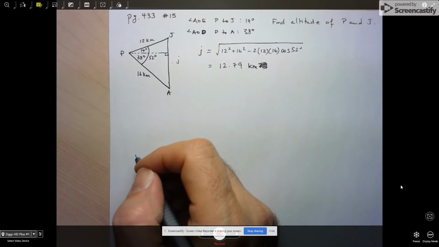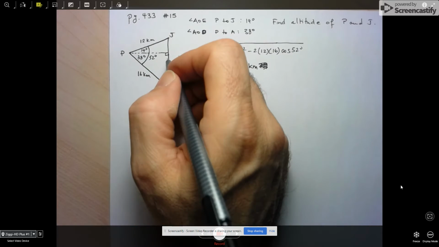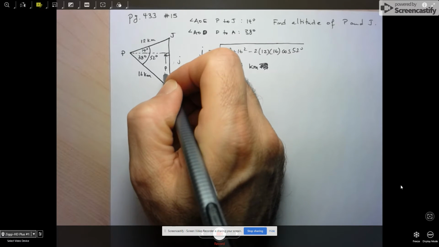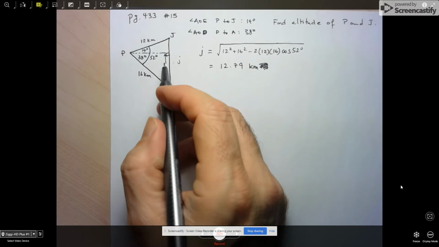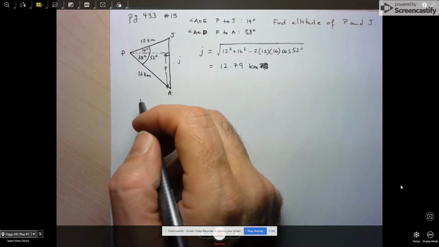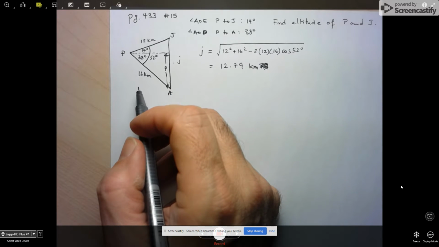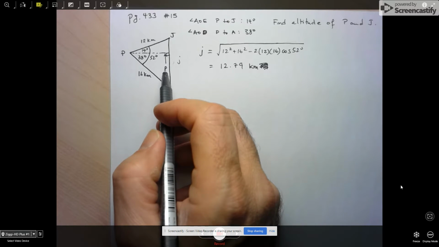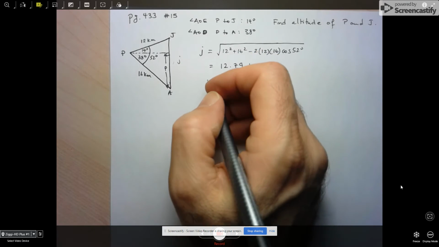All right, so now let's determine the height of the plane. Remember, we said the height of the plane was just this side length here, which is in the right angle triangle. Because this is in a right angle triangle, we do not need to use sine or cosine law. In fact, I'm insisting that we use the primary trig ratios. We have this angle of 38, we're looking for the opposite side, and we know the hypotenuse, so I'm going to use sine.